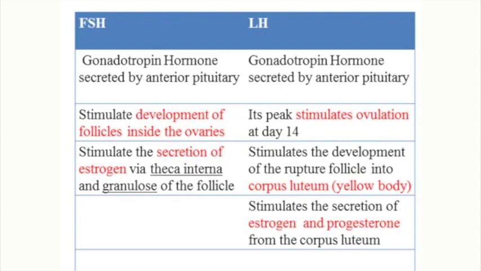It also stimulates the secretion of estrogen and progesterone from this corpus luteum. And most importantly, a peak of LH is going to stimulate ovulation. As mentioned before, ovulation is the process where the oocyte is going to leave the ovary and go to the fallopian tube, allowing fertilization to take place if sperm were found.